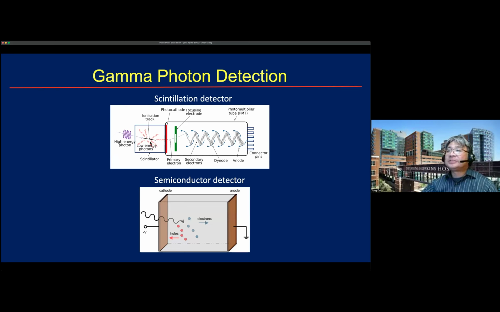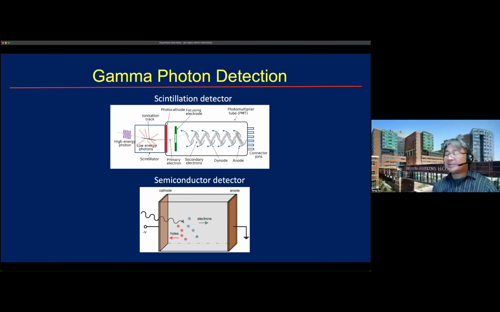On the other hand, there are semiconductor detectors. When the gamma photon goes in, it breaks down an element into electron-hole pairs, which under the influence of an electric field move to the cathode or anode and are detected directly as an electron signal. So this is a direct detector, and compared to the other it should have high efficiency.